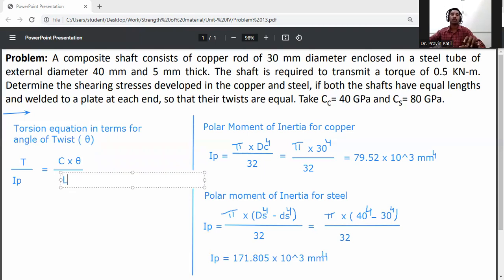Okay. So now theta is equal to T into L divided by IP into C. So for copper now, theta C is equal to TC into LC.